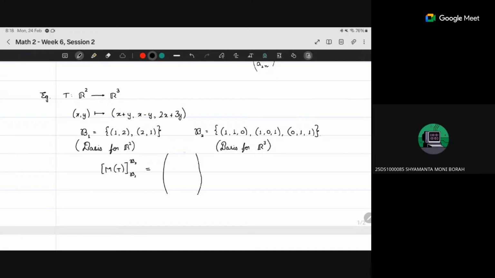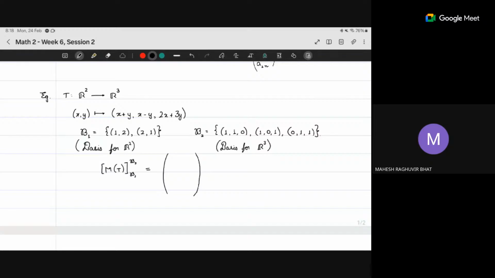Can I ask one clarification? When we have expressed the transformation in terms of x and y, are we talking about them in terms of the standard basis, that is (1, 0), (0, 1)? You can think of it that way. But R2 is just a tuple of the two coordinates, the standard coordinate system.